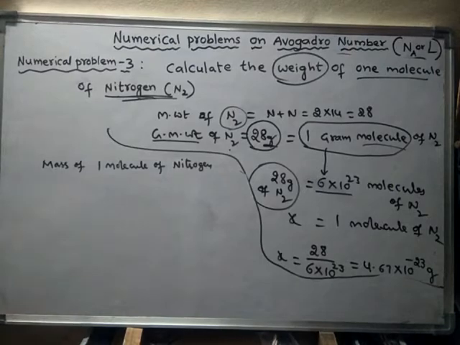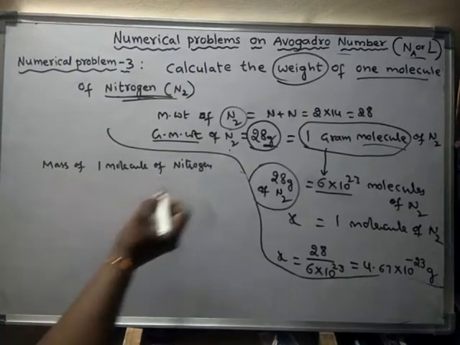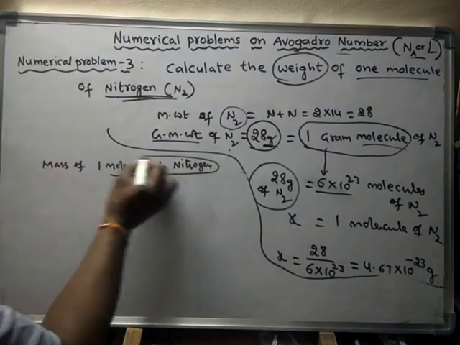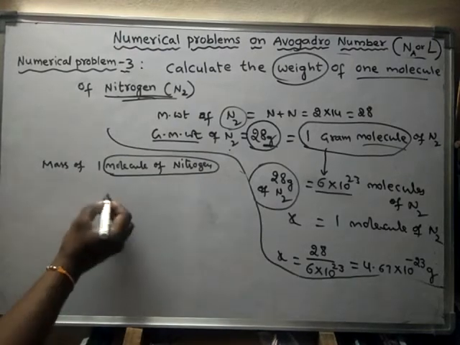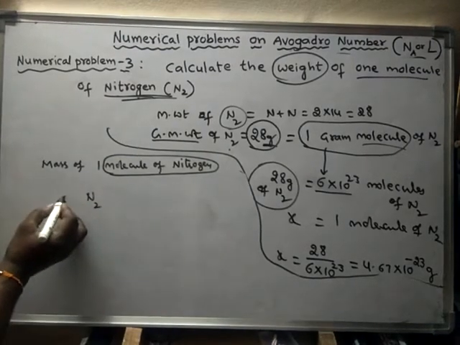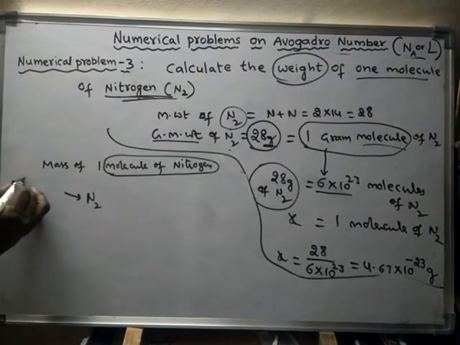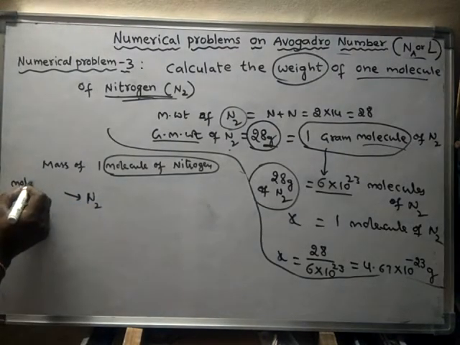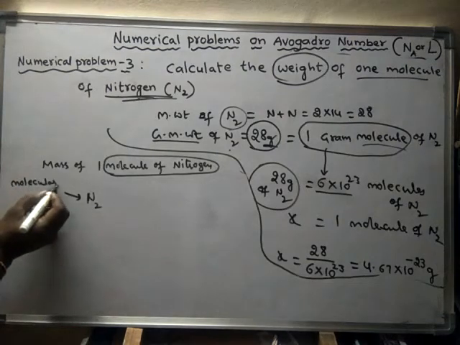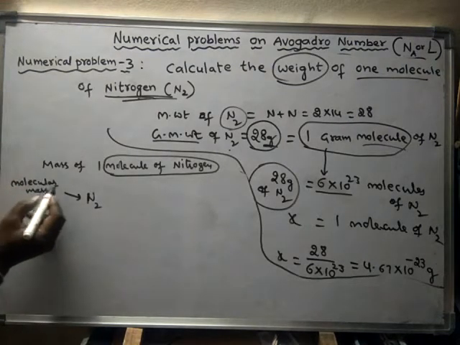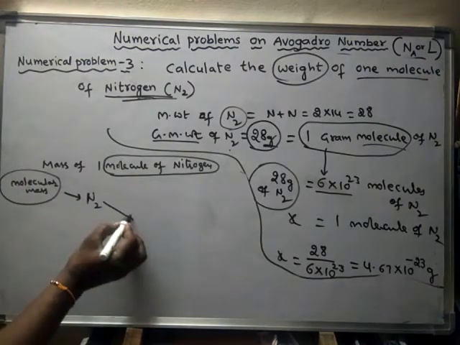See, actually, a molecule of nitrogen is N2. Hence, as it is a molecule, we have to use molecular mass, not atomic mass. So what is the molecular mass of nitrogen? It is 28.